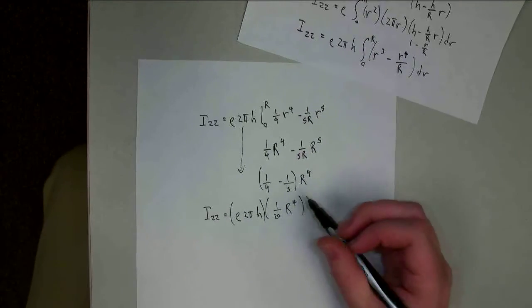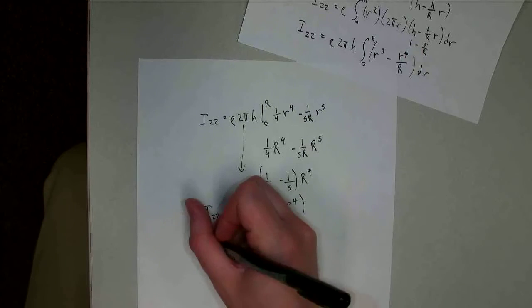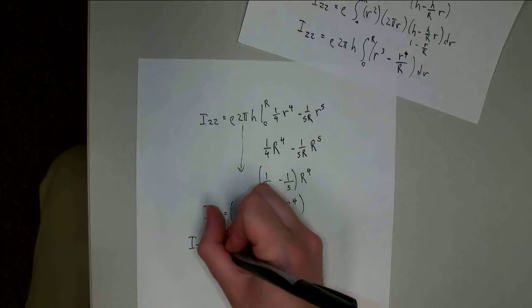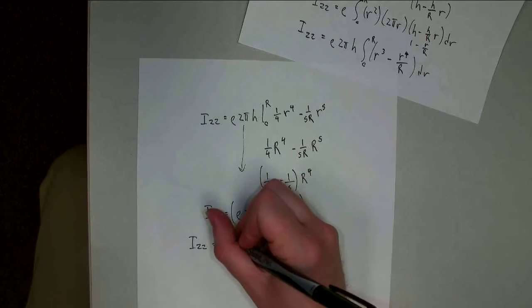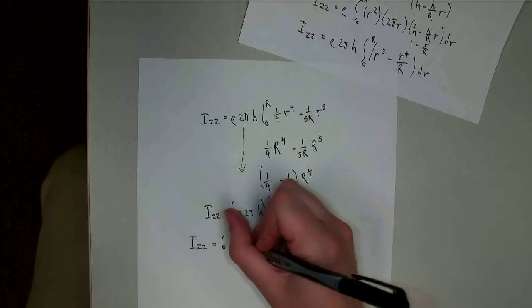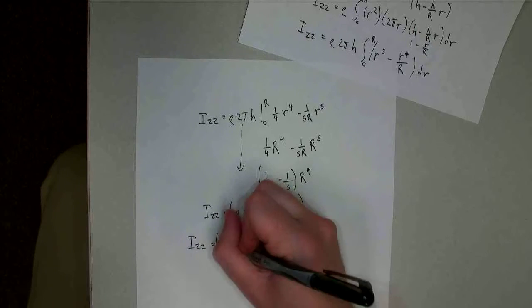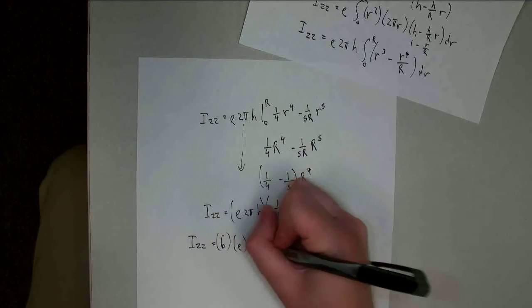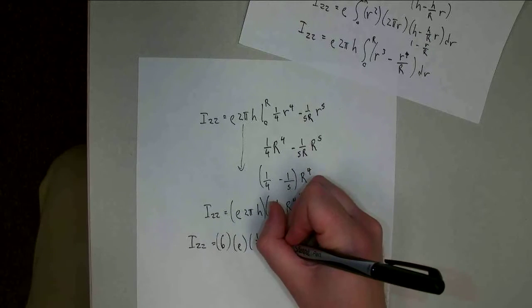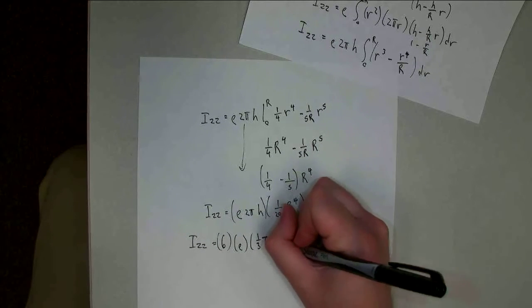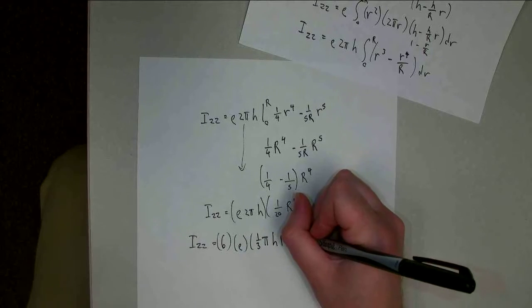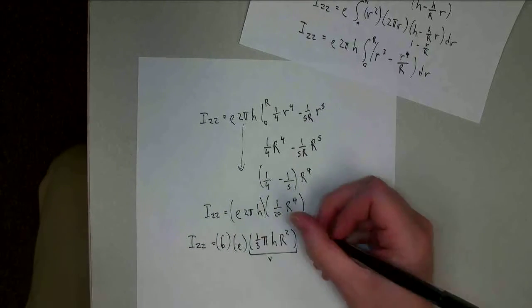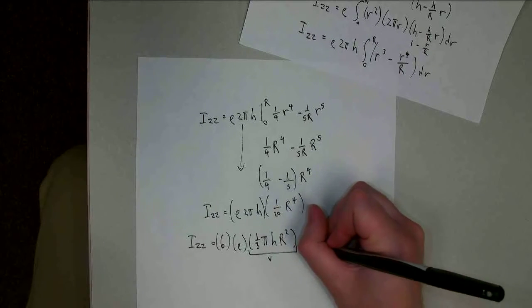So if I pull out that term, I'm going to have Izz equals 6 times rho times 1/3 pi h R squared, and this is my volume, times 1/20 R squared.